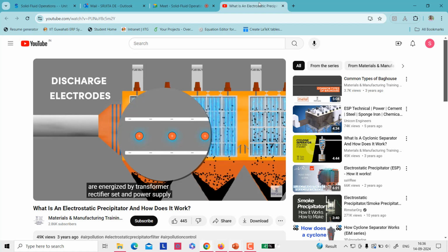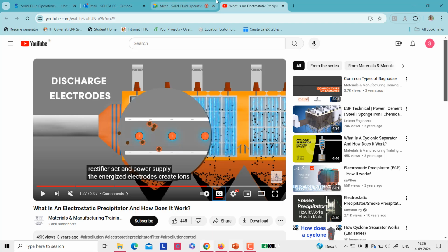You can see here how these charges work. When the particles touch these positively charged ions, they are induced with positive charge, and they are easily attracted to the negatively charged electrodes.